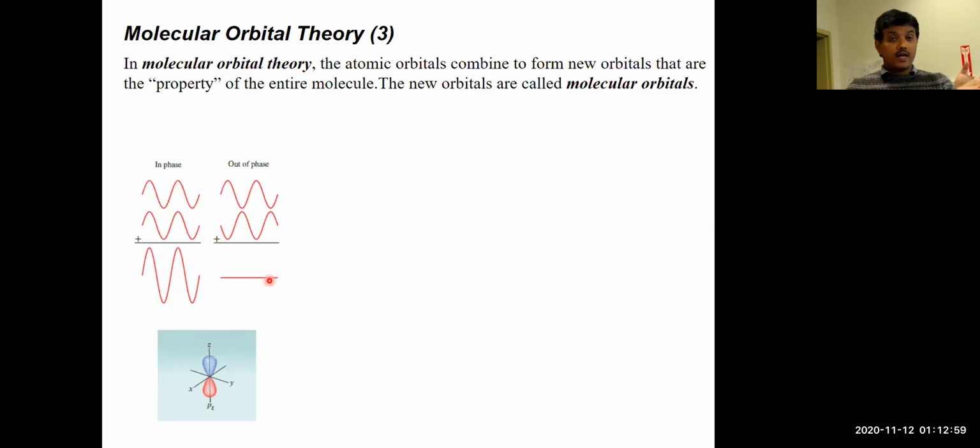Just like in the double slit experiment, where constructive interference creates the light pattern. Let's imagine two electrons on two different atoms, like hydrogen, each with a single electron. Each has its own wave function alone, right?